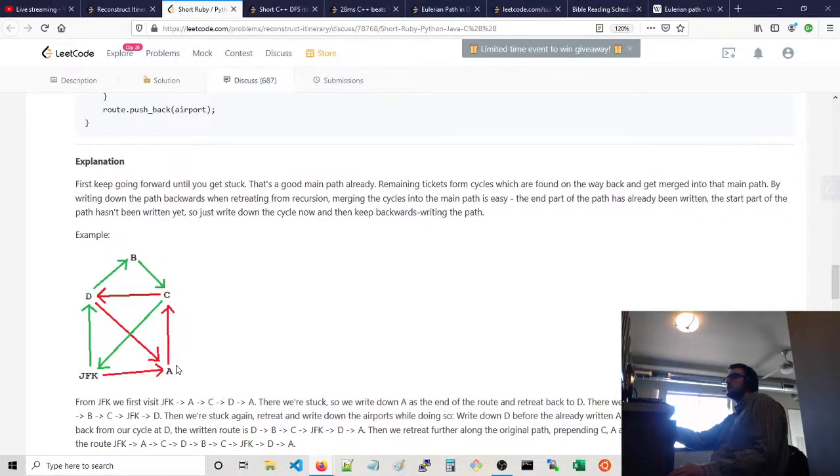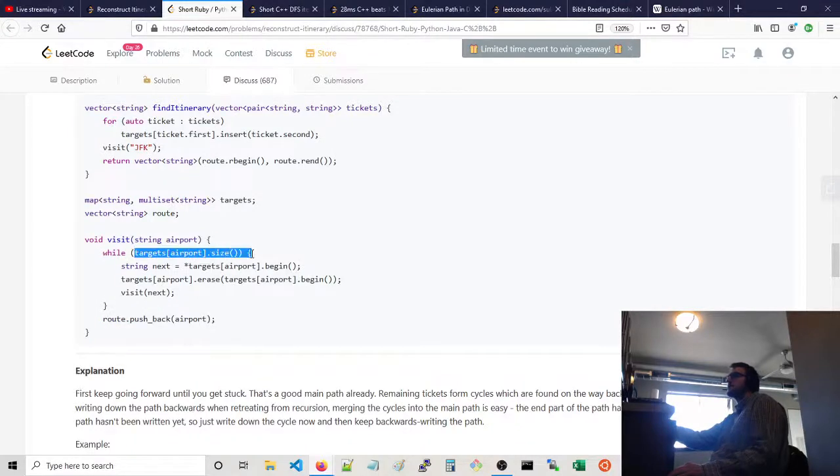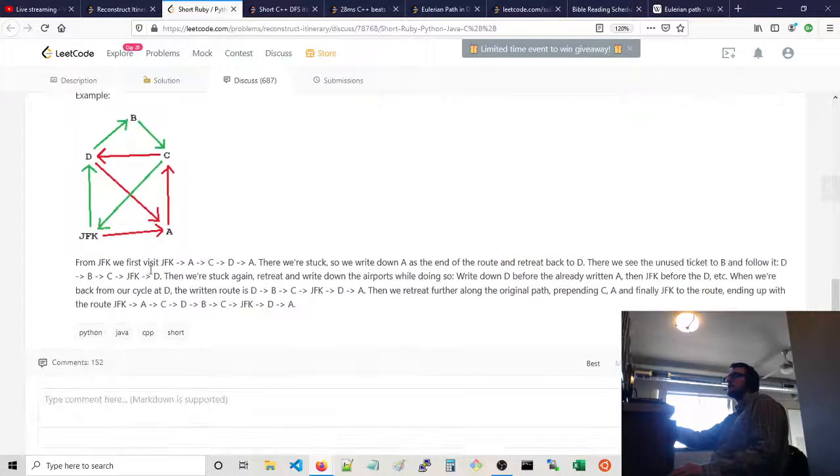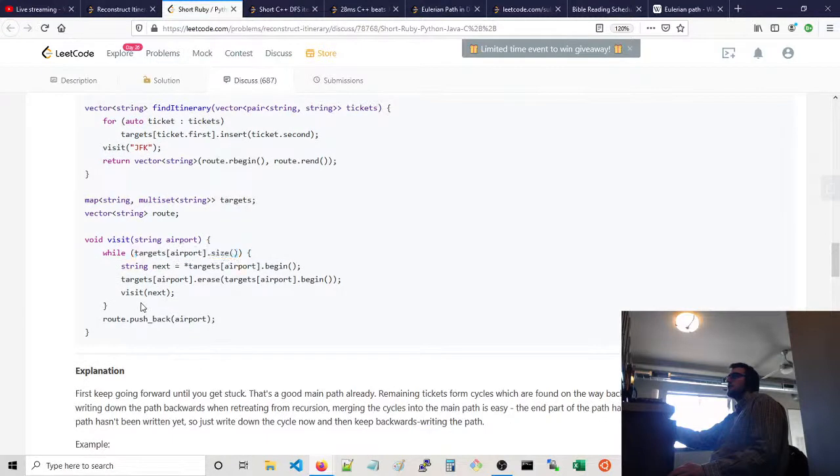JFK, A, C, D, A. And then there's not going to be any tickets at A anymore, and we write A.